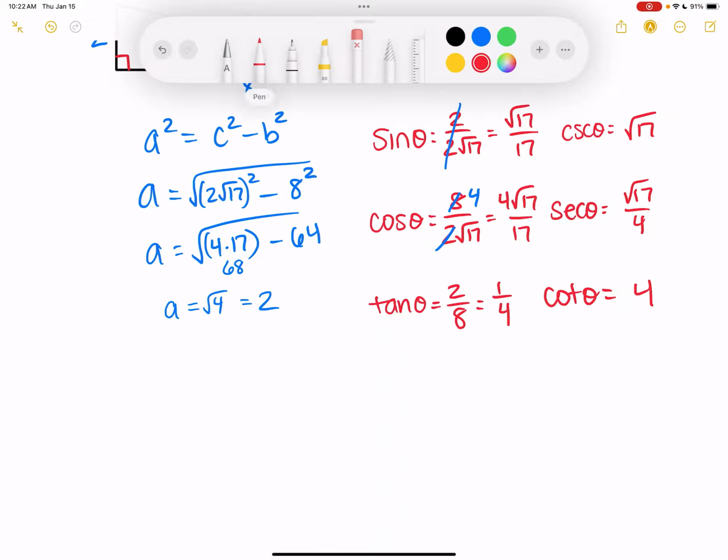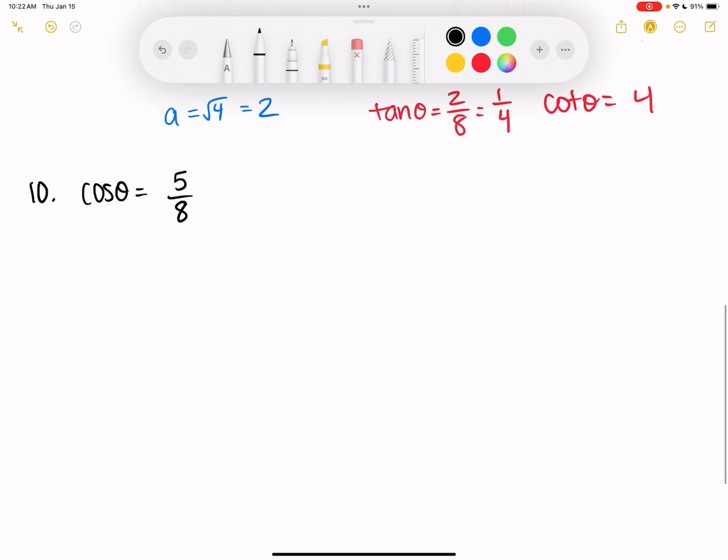So on 10, I have the cosine of theta equals 5 over 8. So then you draw your triangle. And it doesn't matter which way you draw your triangle. I tend to draw mine this way, but that's just me. Adjacent over hypotenuse.